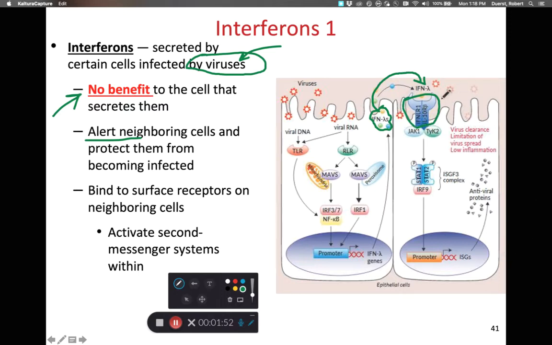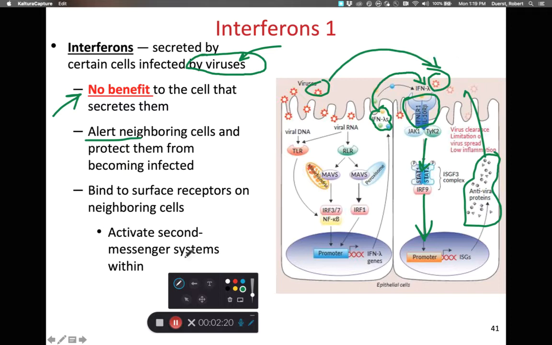Once that interferon receptor is activated, there's some downstream activation. No, I don't want you to focus on all these cascades. Once the receptor is activated, the cell itself will start to produce antiviral proteins. These antiviral proteins help to neutralize the viruses that the next door neighbor is producing and pumping out.